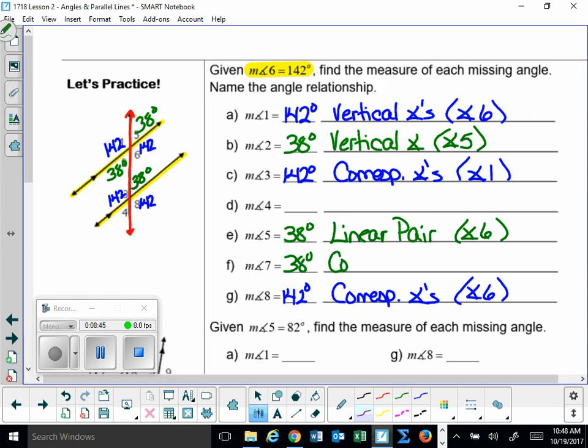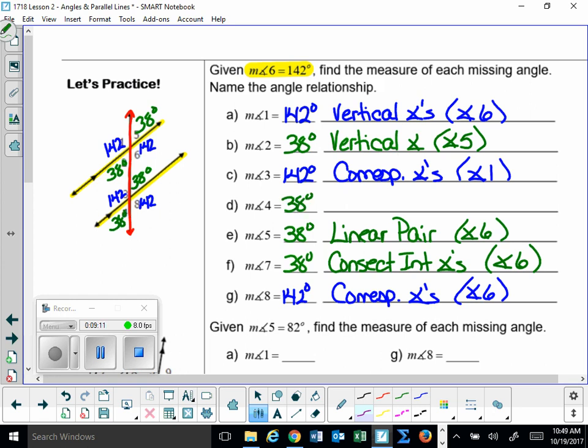I'm going to say it's consecutive interior with angle 6. I could say it's alternate interior to angle 2. Right? So I've got options here on what I do. And angle 4 is 38 degrees.